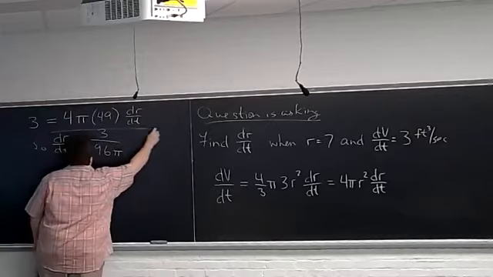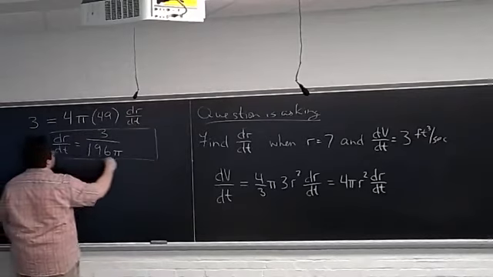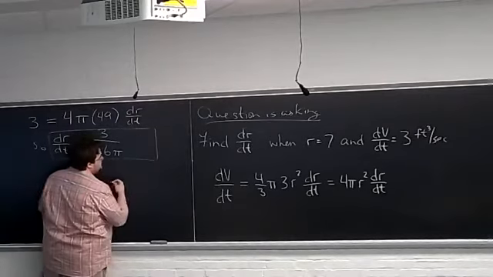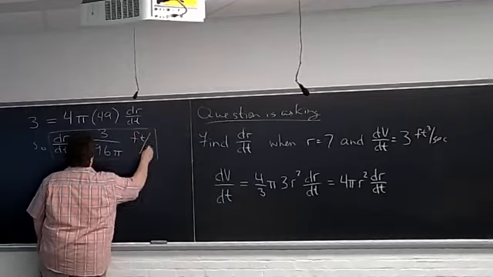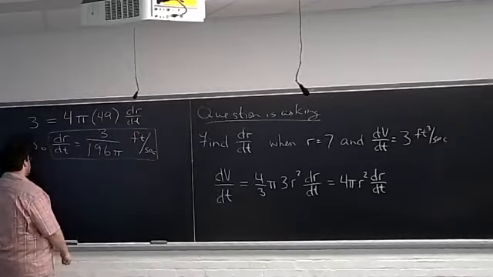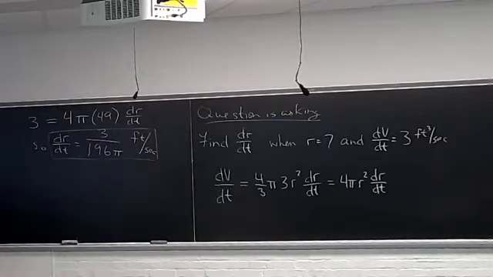So 3/196 pi. Units on the radius are, what was it, feet and seconds. Any questions about that one?